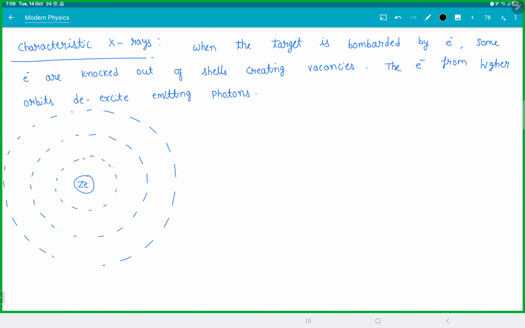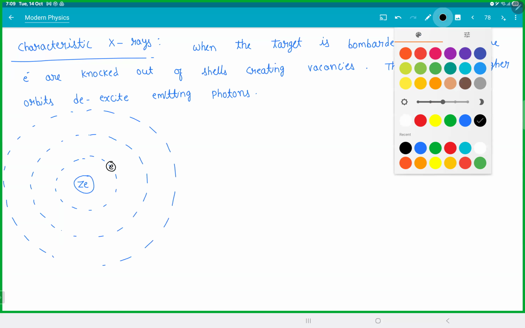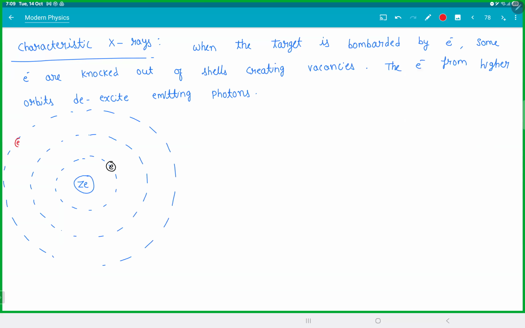So we have an electron sitting here. Another comes here, this electron bounces off, something of this sort will happen. This creates a vacancy there.